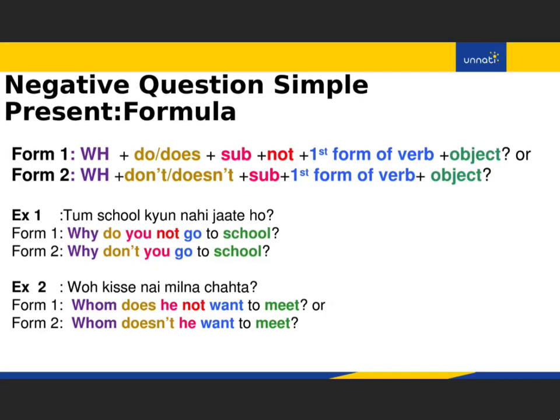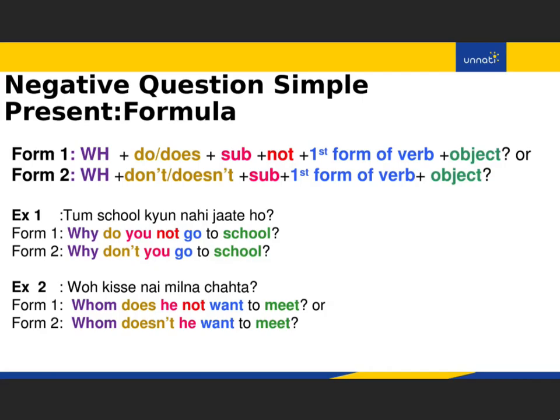So why, the WH word, plus do or does, then the subject, you, then the not, then the first form of the verb, go, to school, the object. I repeat, why do you not go to school? So WH word plus do or does plus subject plus not plus first form of verb plus object.